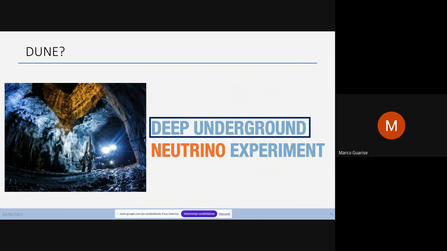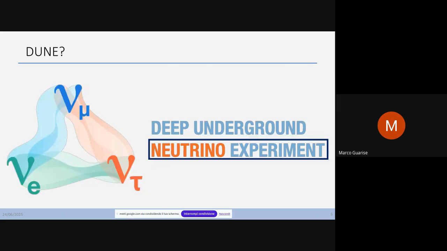We will place our far detector beneath the surface at a kilometer underground, so very deep. And neutrino experiment, of course, stands for the target of our project, which is the study of neutrinos, especially neutrino oscillation physics.